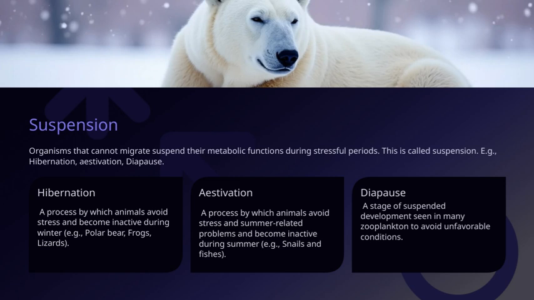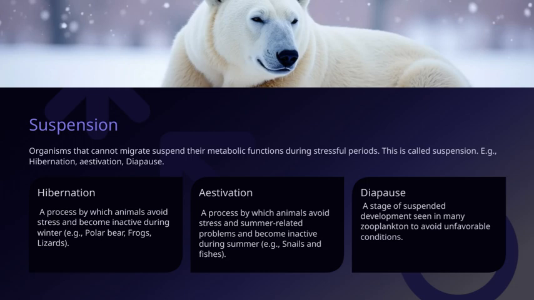Then there's hibernation, which is most often associated with cold winters. Animals like bears and some rodents reduce their metabolic activities drastically to survive the cold, food scarcity, and harsh environment. All these processes, diapause, estivation, and hibernation, are examples of suspension, where organisms suspend their metabolic functions during stressful periods.